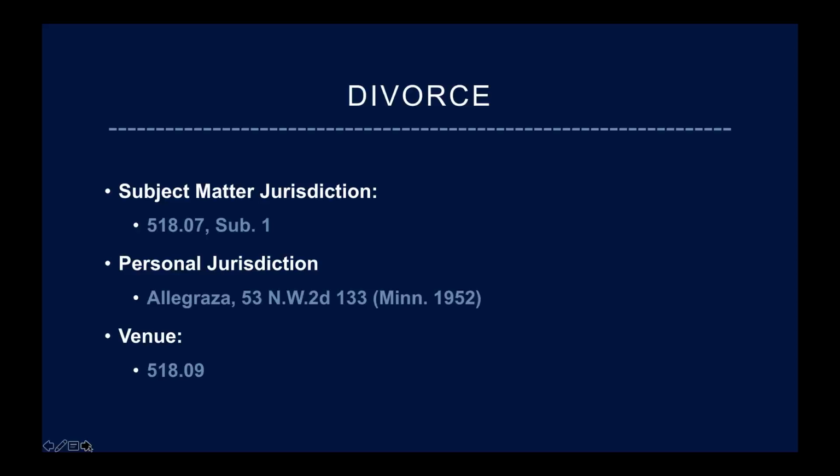So what we often see is that there's a discussion with the other litigant where we talk about this idea of, hey, you can choose to go down the path of disputing personal jurisdiction, in which case they would have to initiate a separate court action in a different state, or they can simply acquiesce and agree that Minnesota will have personal jurisdiction. Most often, that's what winds up happening.